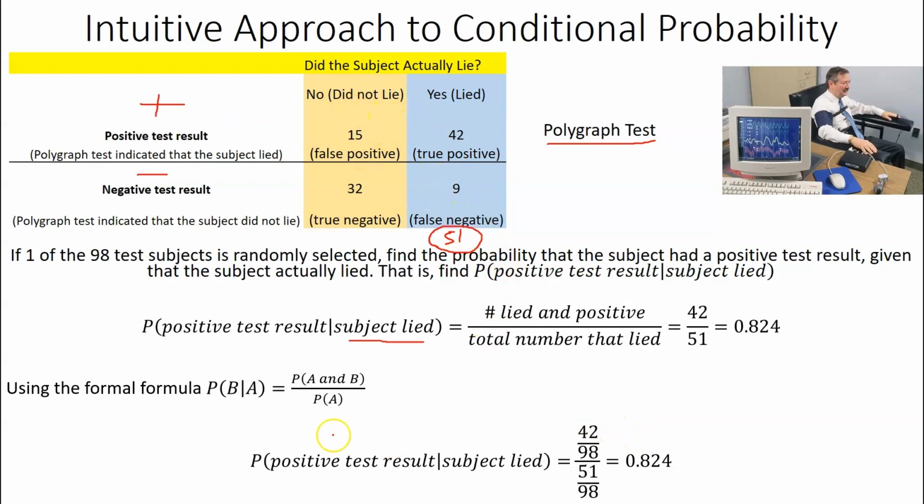It's the probability of the intersection, the A and B. So row intersecting column is 42 of the 98, divided by the probability of the given thing. The given thing is that they lied, which was 51 of the 98. But notice, when you flip over the bottom fraction and multiply, the 98s are going to cancel out anyway, which leads us right back to the intuitive approach, and we get the same thing.